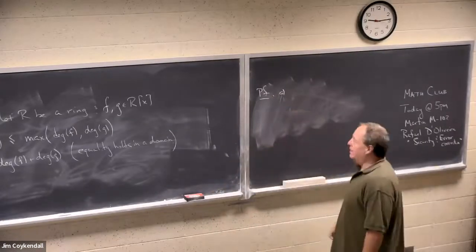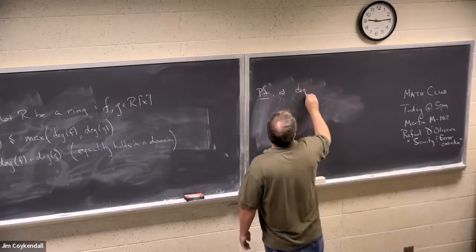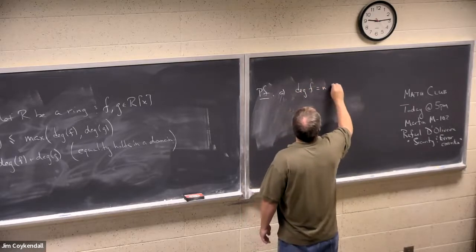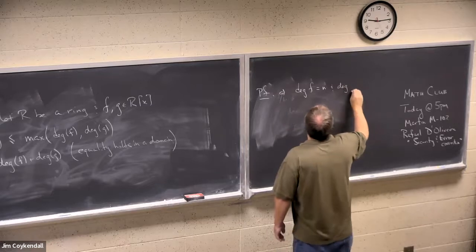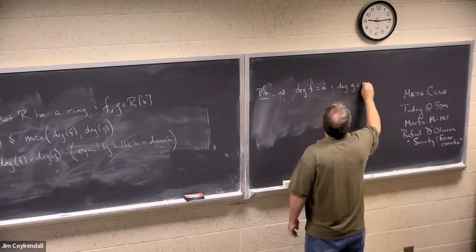For A, say degree f equals n and degree g equals m.